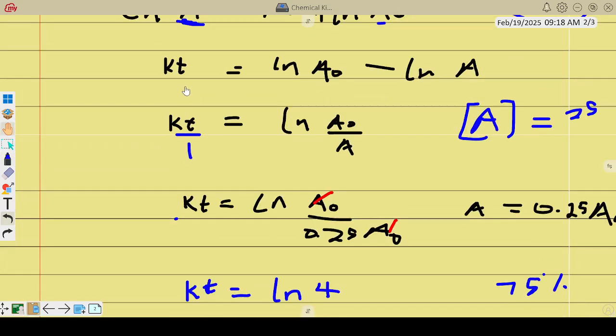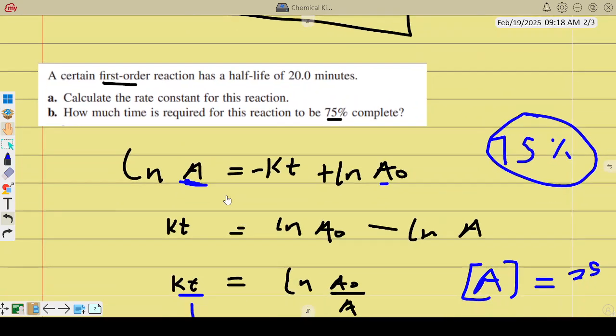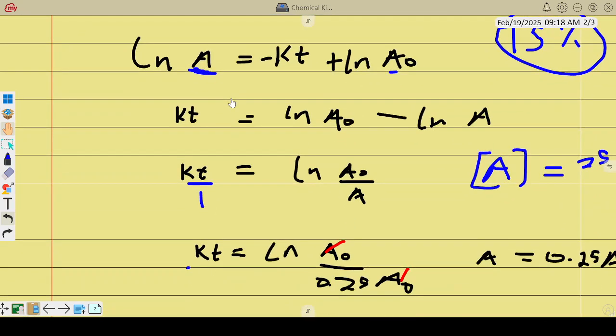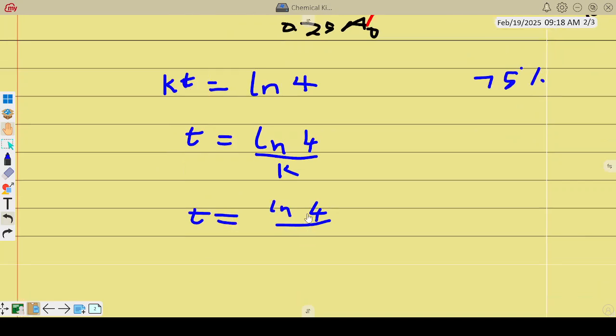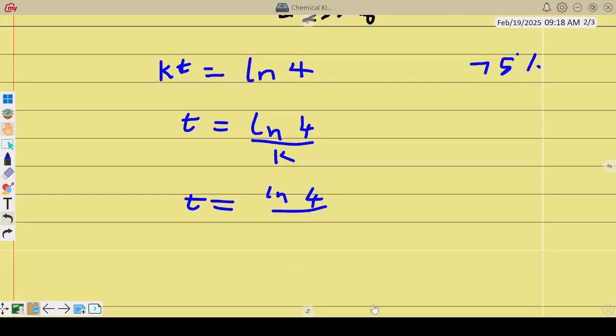What did we find? So I'll just redo it. So the rate constant, remember to find it, we just said 0.693 divided by 20 because we're given 20 seconds.